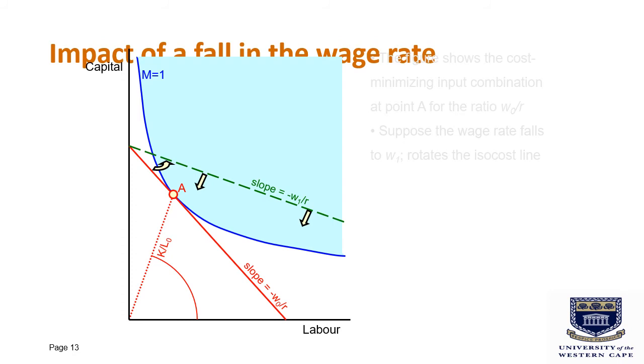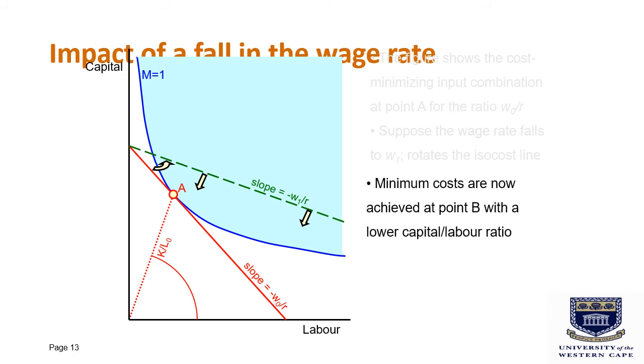We need to now cost minimize with this less steep, or flatter, line to a new point B. So that means we're going to shift the line downwards until the point of tangency, which occurs at point B. Because wages have fallen, we have a flatter, more horizontal line, and that will give us point B, right?